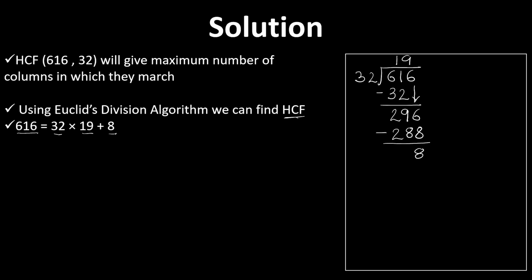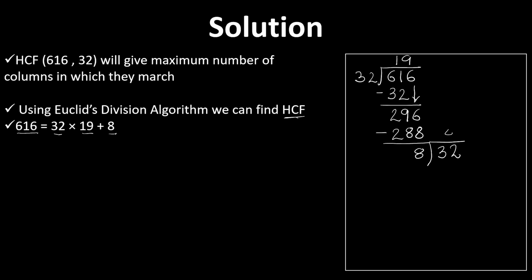Now in the next step, since the remainder is not equal to 0, we are going to repeat this procedure of division, considering 8 as our divisor now and 32, which was the divisor of the previous step, as our dividend now.